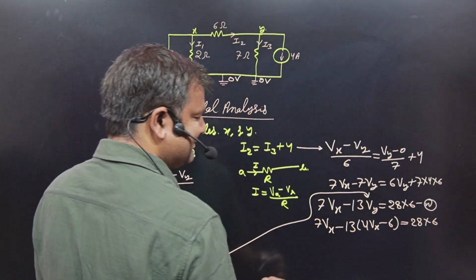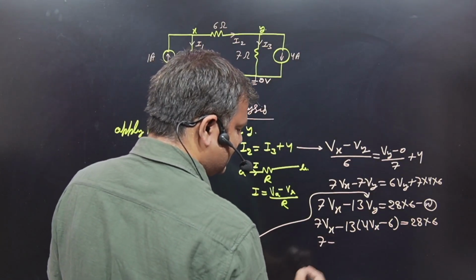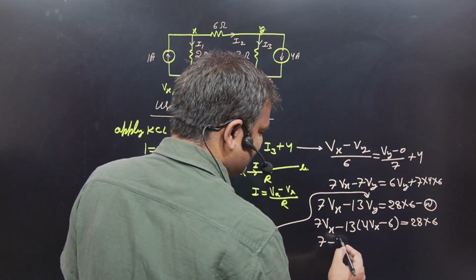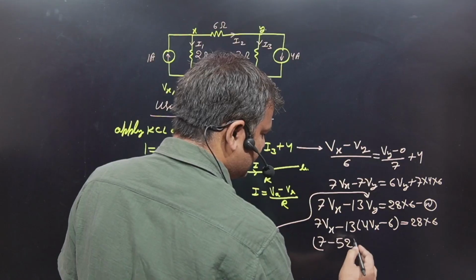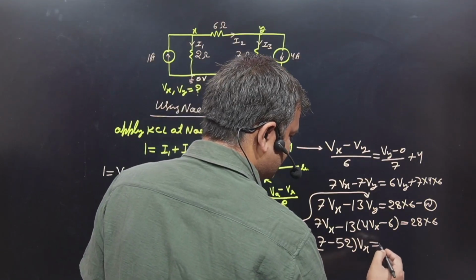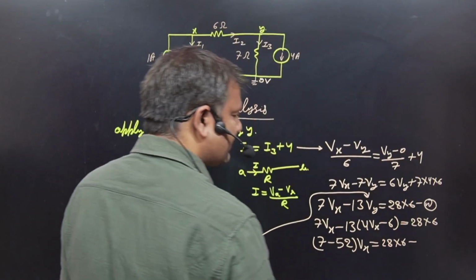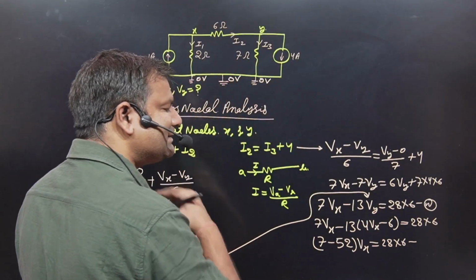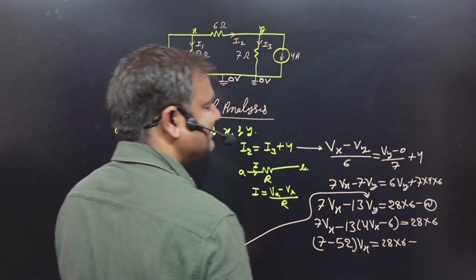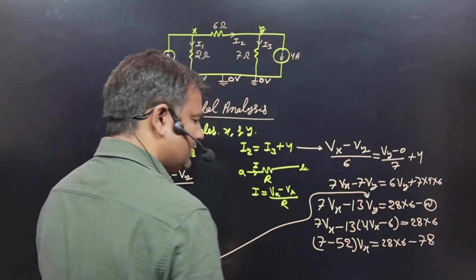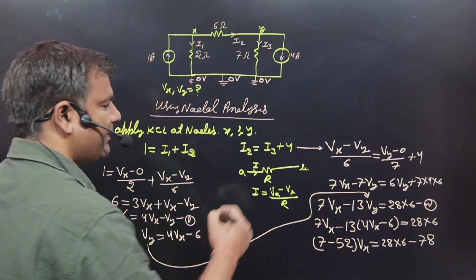After that, 7 minus 52 gives minus 45 Vx, and this equals 28 into 6 minus 78.